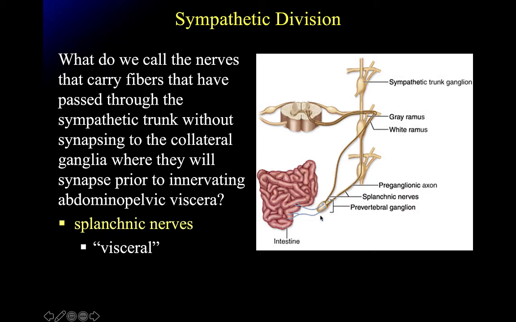And then we get to our prevertebral ganglion, and then we're going to have our ganglionic neurons extend out from there to our involuntary effectors, in this case, the musculature of the intestine. So what we can see is the splanchnic nerves are those nerves that are filling that space in between the sympathetic trunk ganglion and the prevertebral ganglion.